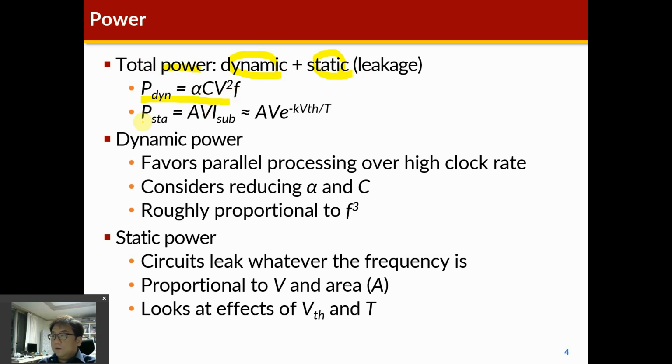And then the next equation is the static power consumption. So in the dynamic power consumption equation, the alpha is some activity factor of the computer's integrated circuit. Actually the CPU is a kind of integrated circuit. And then alpha represents the activity factor.